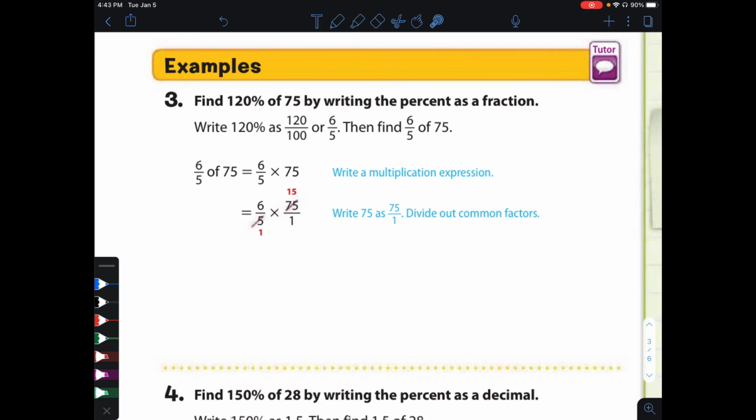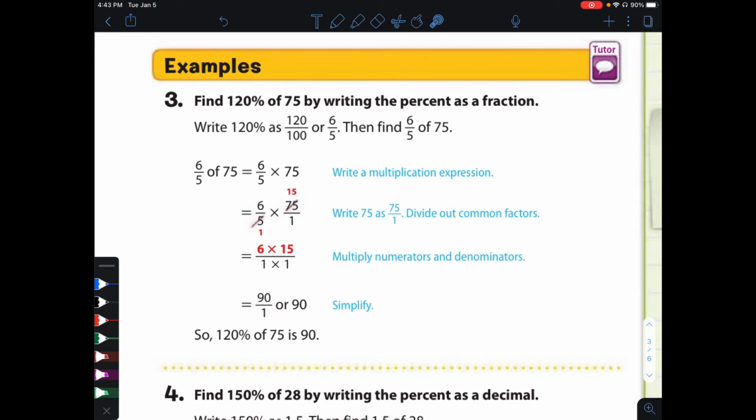Then we simply multiply 6 times 15 and 1 times 1. We end up with 90 over 1, or simply 90. So 120% of 75 is 90.